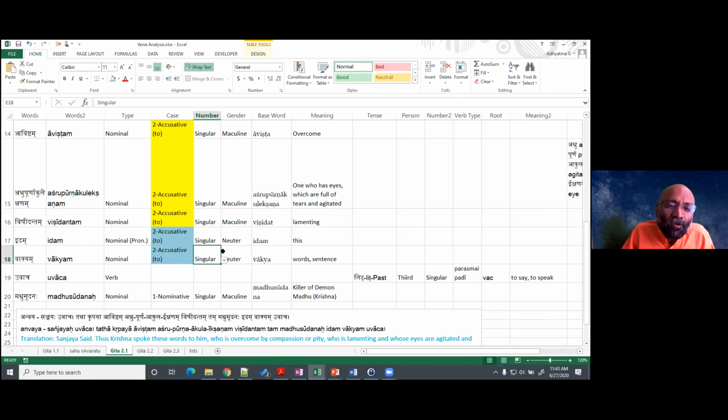Just to understand the context of this verse now. In the Gita, first chapter, Arjuna goes to the battlefield. Lord Krishna is his charioteer. He asks Lord Krishna to take his chariot between both the armies so that he can see whom he has to fight.